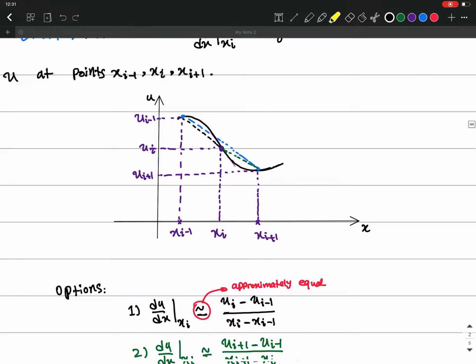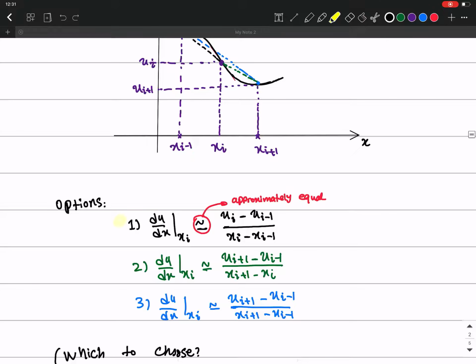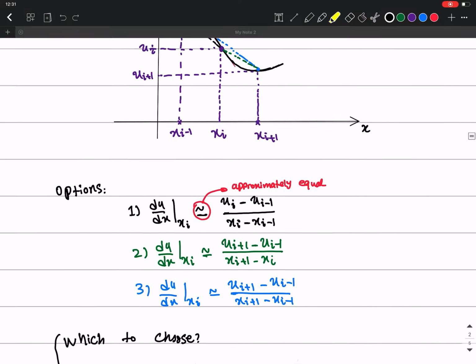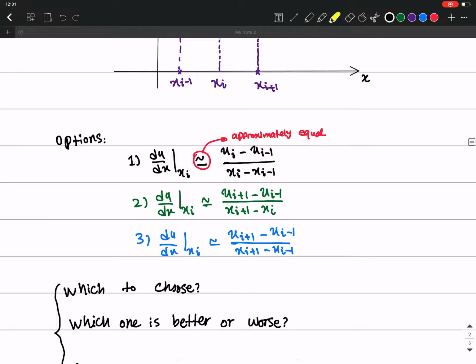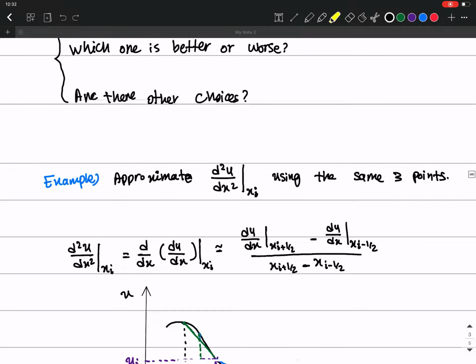We did this for an arbitrary general function, and we found that we have three options: forward, backward, or central difference. The questions were which one we have to choose, which one is better or worse, and whether there are any other choices. These are the questions that we are going to answer in the next lectures.